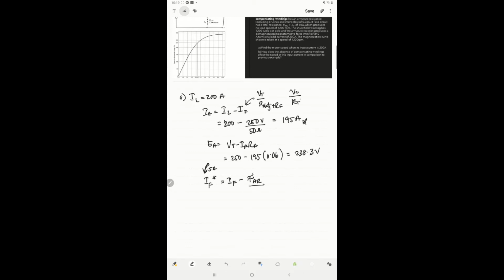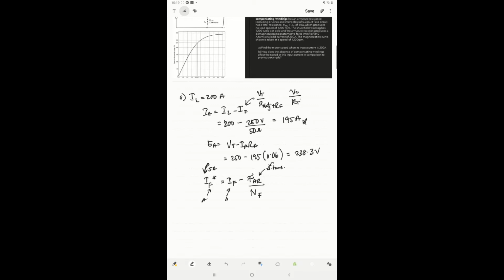Because this unit is ampere, and the armature reaction is actually in ampere turns, to get ampere we have to divide by the number of turns of the field winding.